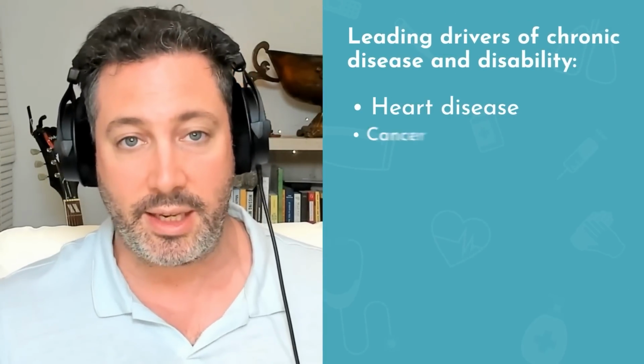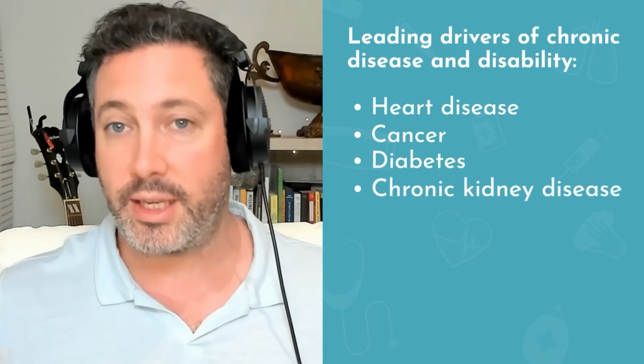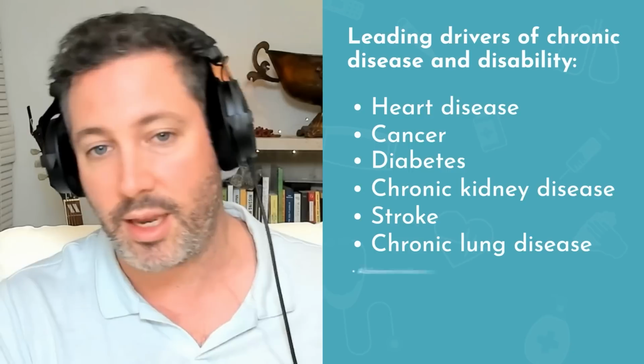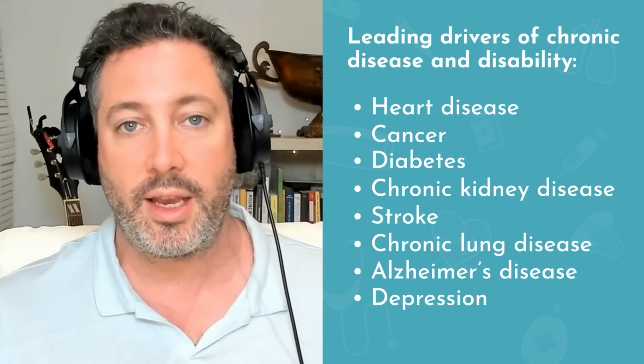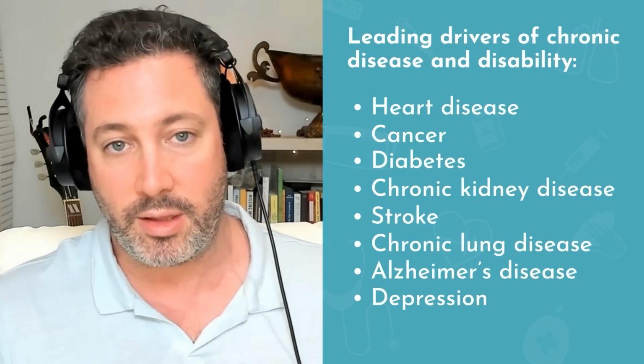So we have heart disease, cancer, diabetes, chronic kidney disease, strokes, chronic lung disease, Alzheimer's, depression, and the list keeps going and going, that are disabling people in the United States from living a normal life, being productive, enjoying, thriving, and being part of their communities in a normal way. That's terrible. Of course, besides the financial, mental, and emotional impact that all these diseases have on the person and their family nucleus.